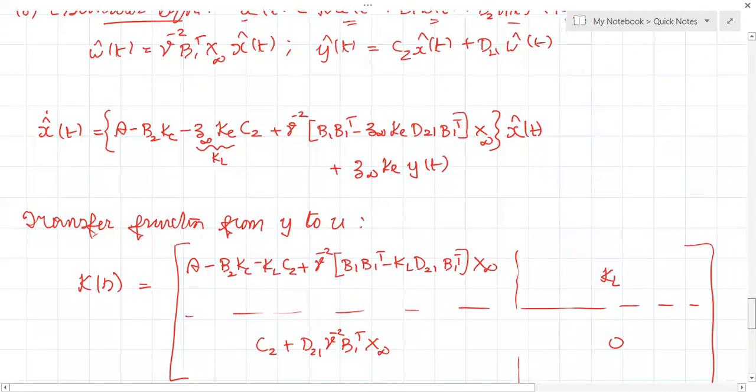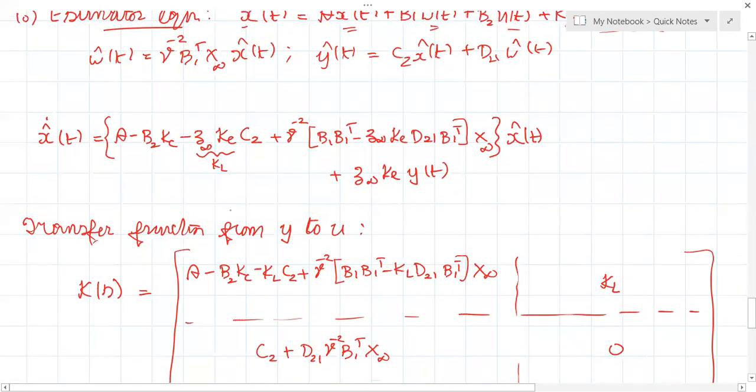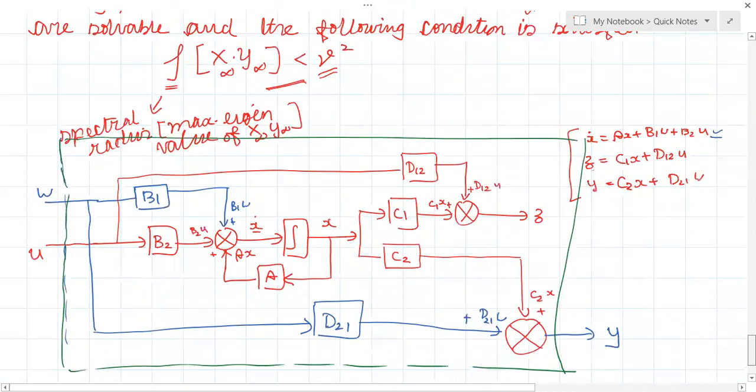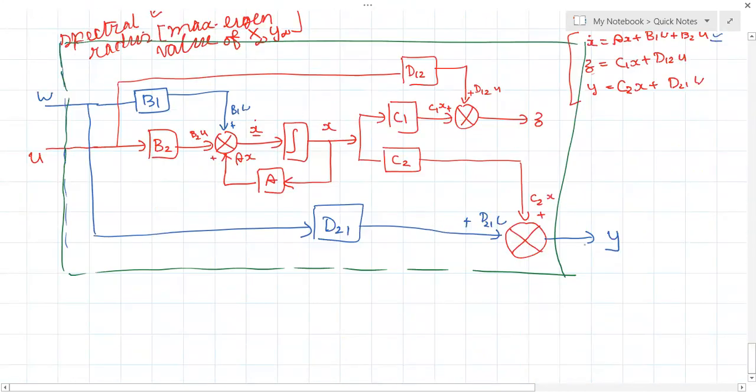KL into y minus y hat. So here is y. This is y.